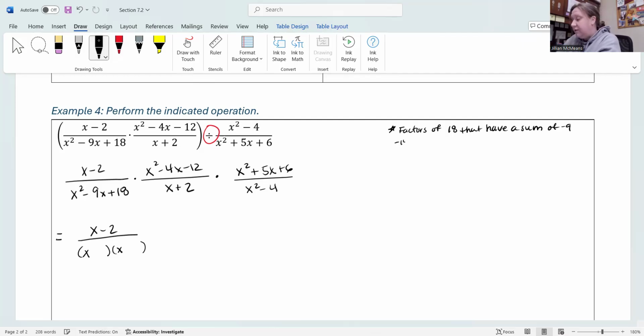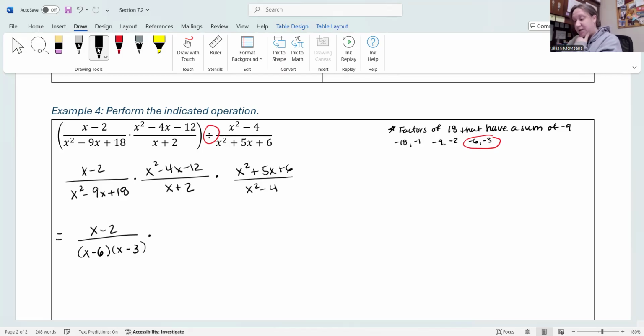So we could look at negative 18 and negative 1, negative 9 and negative 2, negative 6 and negative 3. And the pair that's going to work is negative 6 and negative 3. If I multiply those numbers, I get 18. If I add those numbers, I get negative 9. So this is going to be x minus 6, x minus 3.